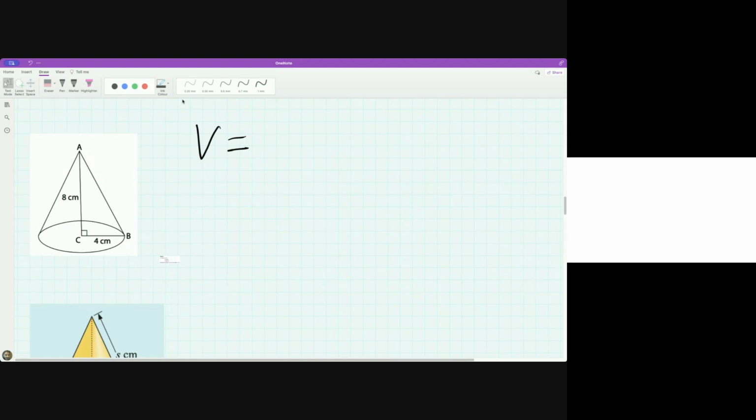So the formula we were using before had a third. A third times something times perpendicular something. So the area of the base is a circle.